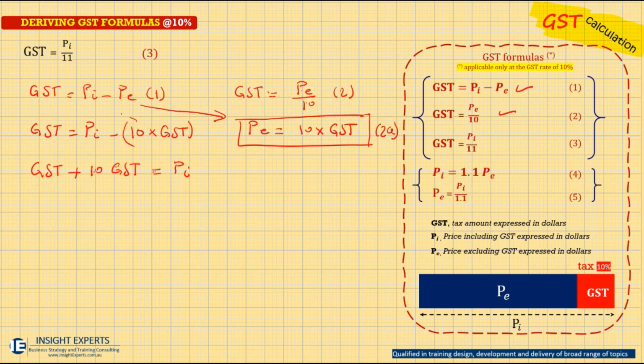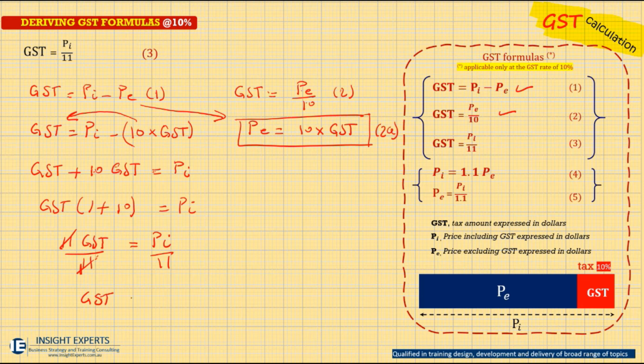When you take this to the other side of the equation, you have to change the sign. Now, if I take GST as a common factor, it becomes GST times 1 plus 10 equals PI. In other words, 11 GST equals PI. I divide both sides of the equation by 11. They cancel out, and I'm left with GST equals PI over 11.